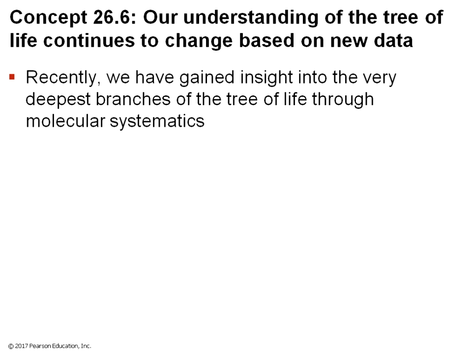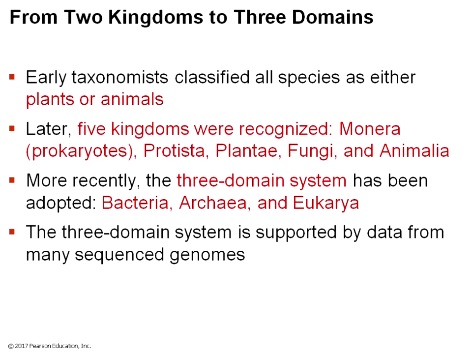So let's talk a little bit about our branch of life. Okay, so the information that we have on DNA and DNA sequences, tying it back to our fossil record, has really given us things to think about in how we classify our organisms. In early days, taxonomists classified all species as either plant or animal.